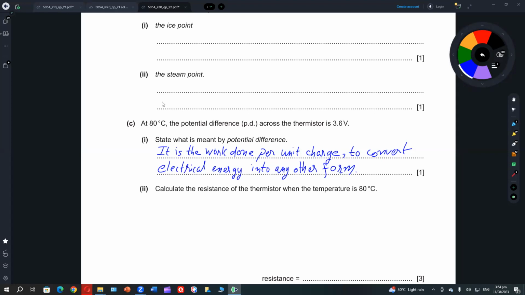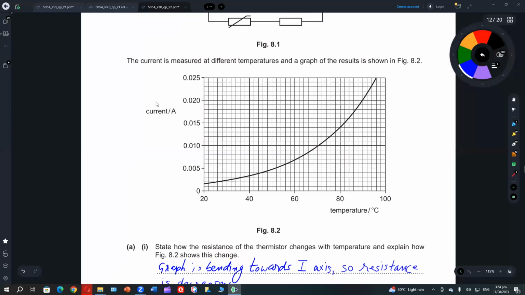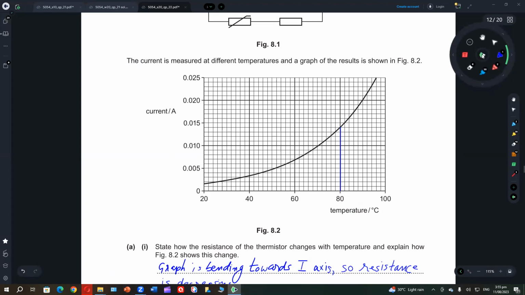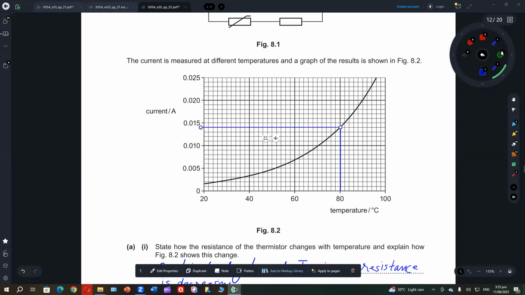Calculate the resistance of the thermistor when the temperature is 80. So we have to see the graph. Temperature is 80. If you have the book, please read it for me, and meanwhile, I'm also trying to read it.